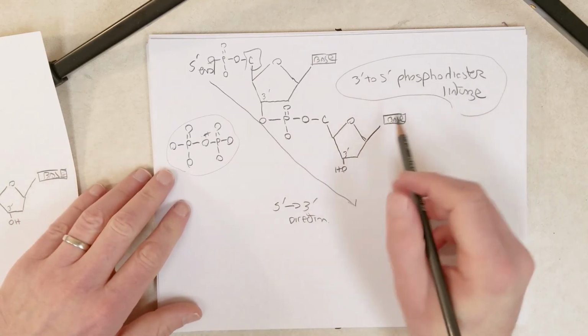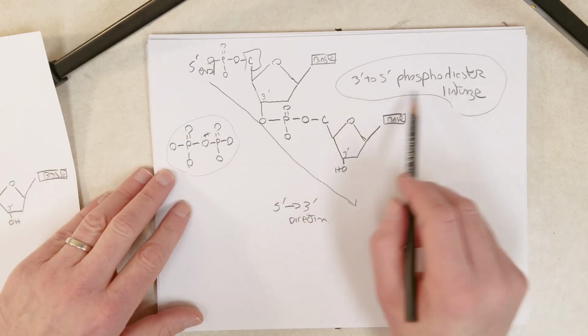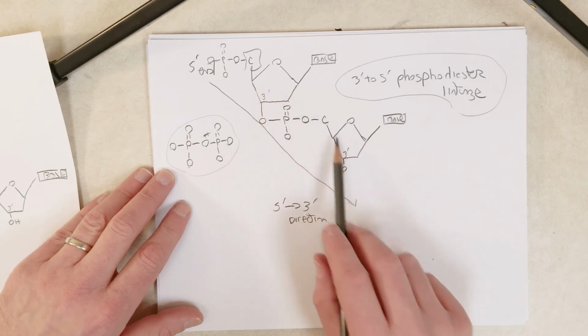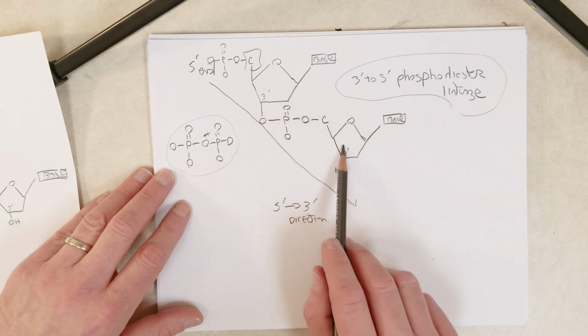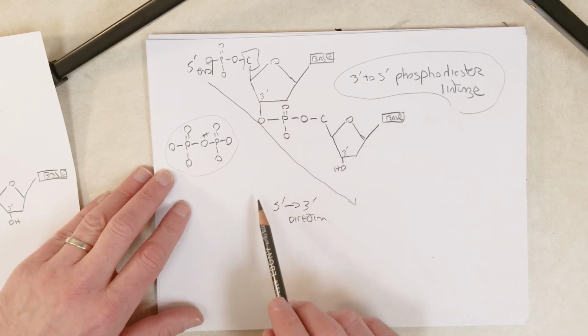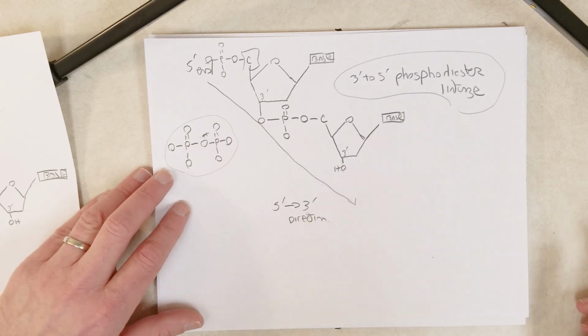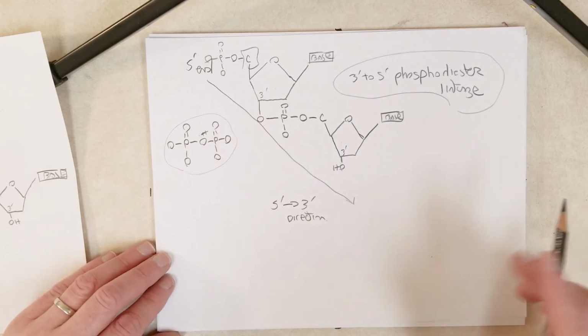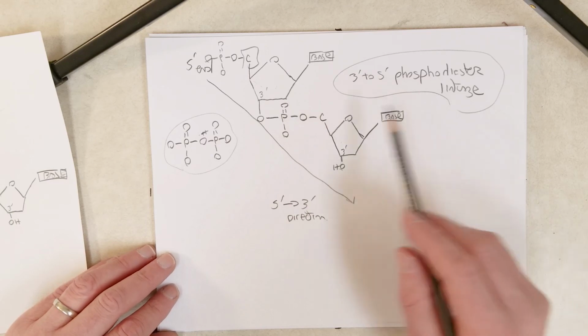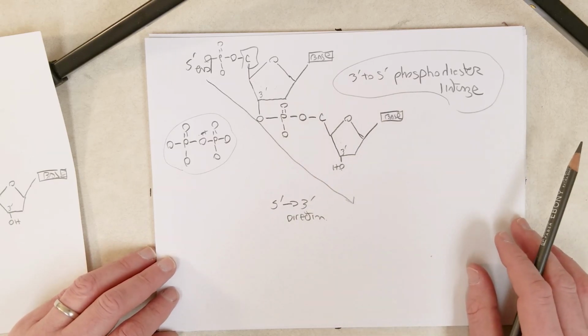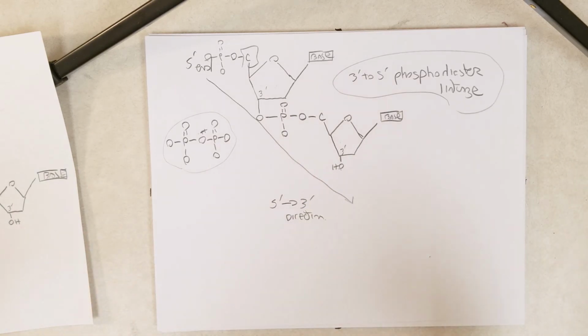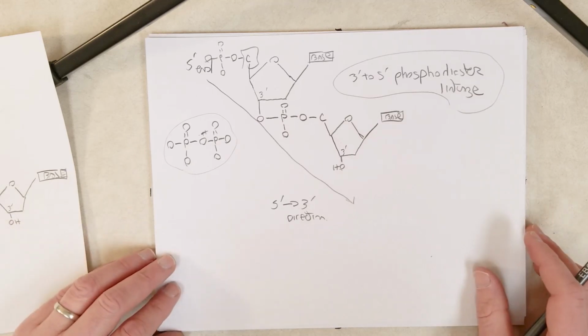Okay, so the 3' to 5' phosphodiester linkage. So this whole process, this joining of this nucleotide to this nucleotide is performed by DNA polymerase. And we are going to see how this mechanism fits into the whole process of DNA synthesis in the next video.